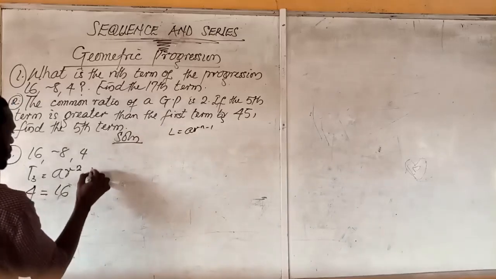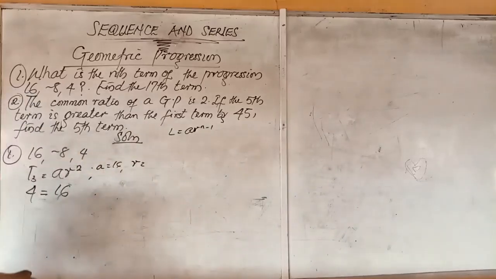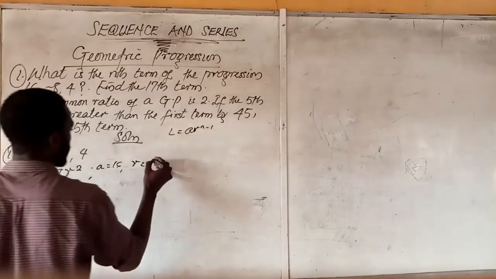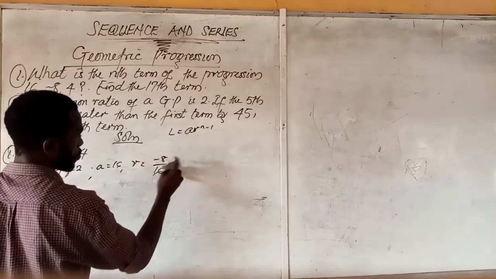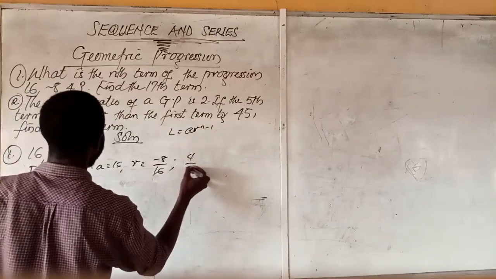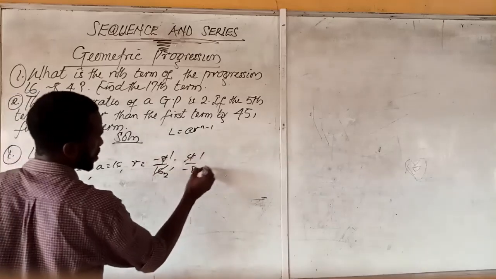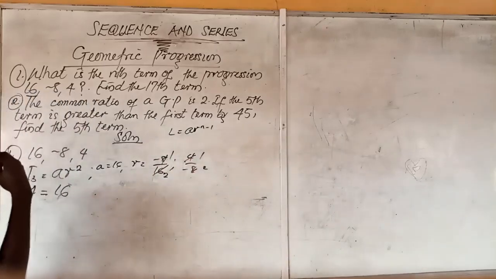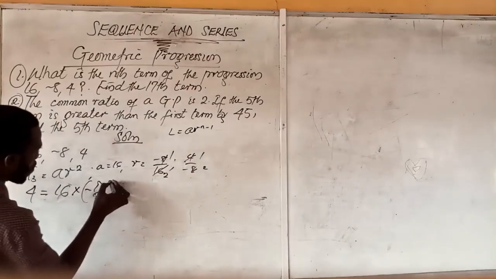So we have that A equals 16. R will be equal to the ratio of any 2 consecutive terms. Minus 8 over 16 is equal to, we are going to get the same thing if we took 4 over minus 8. That is minus 1 over 2. So we have 16 times minus 1 over 2 all squared.